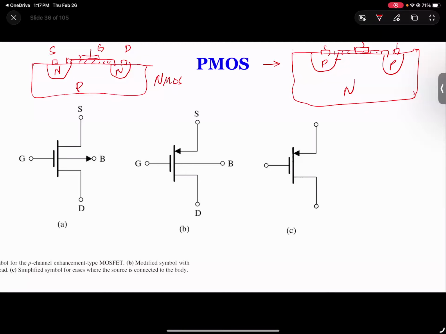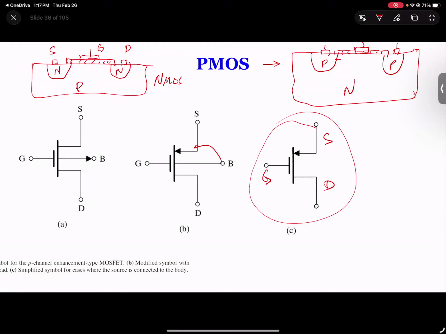So the arrow is on the source side and indicates the flow of current. Now B is often connected to the source, so it disappears. Therefore we get this one here, with source, drain, and gate. That's a PMOS. Current flows from source to drain instead of from drain to source, just because it's a PNP, so from P to N and then to P.